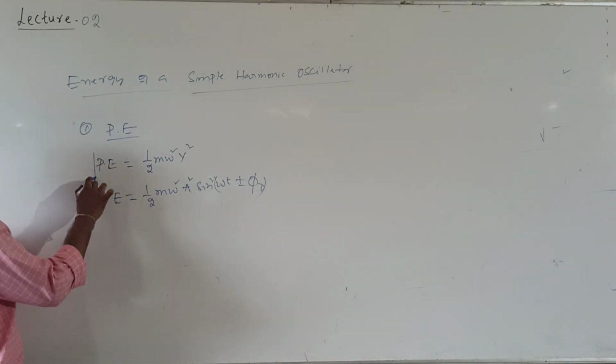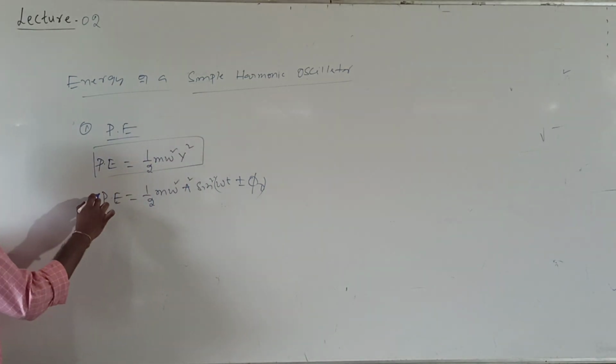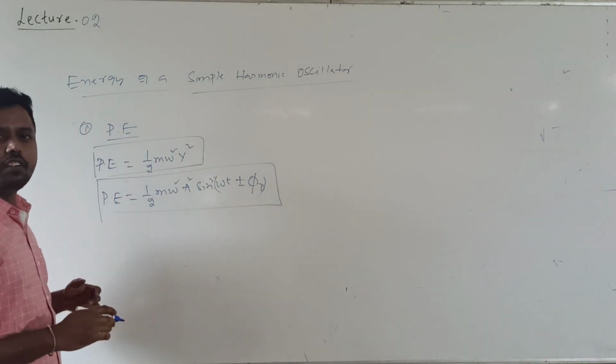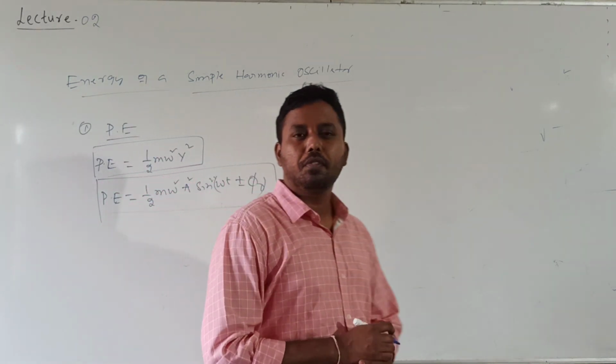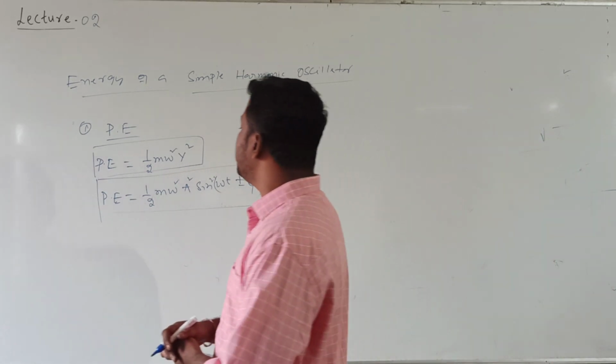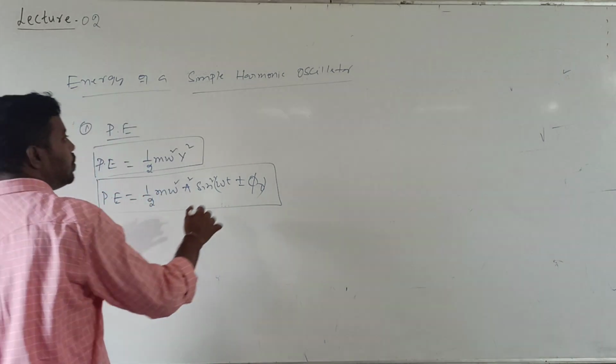This is the expression for potential energy in terms of displacement and in terms of omega t, for a particle executing simple harmonic motion.